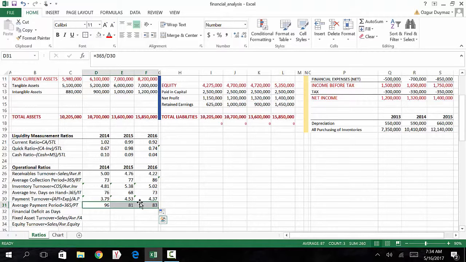We will need cash to extra finance for this deficit, financial deficit. And to calculate financial deficit, we will need an additional formula to find it.